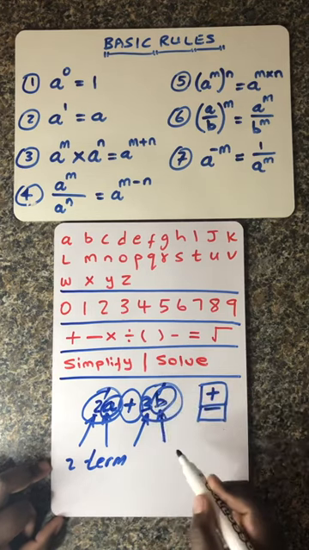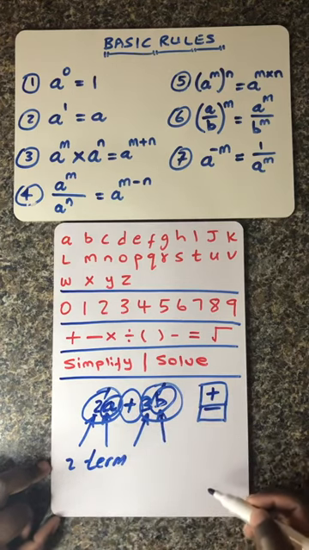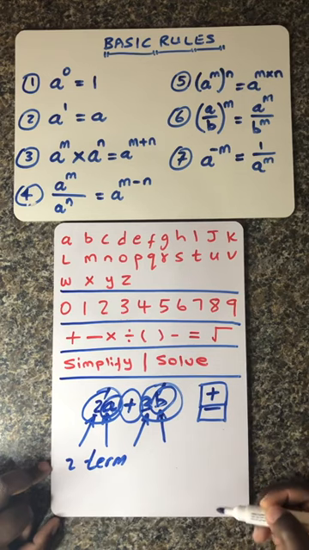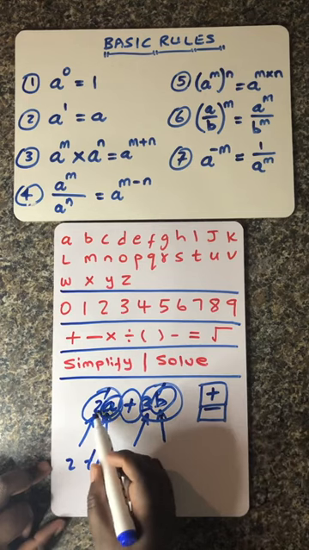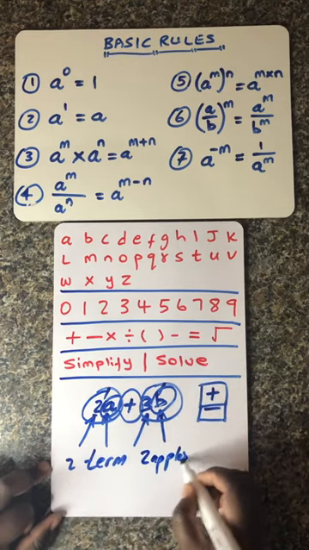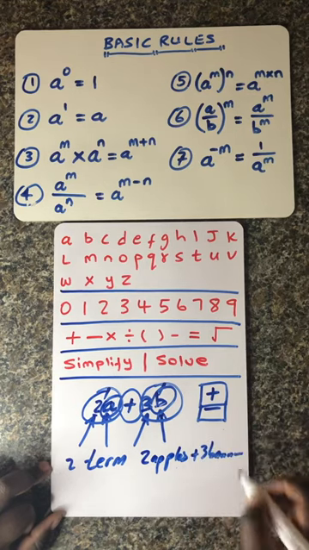Just to give this expression a meaning, or just to make it simple for anyone from lower grades to understand, it's more like 2a is 2 apples plus 3 bananas.